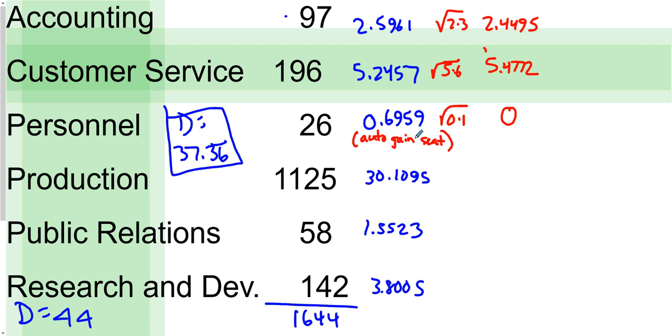And you get 30.4959. 1 times 2, that's the square root of 2. And then the square root of 3 times 4, so the square root of 12. 3.4641.